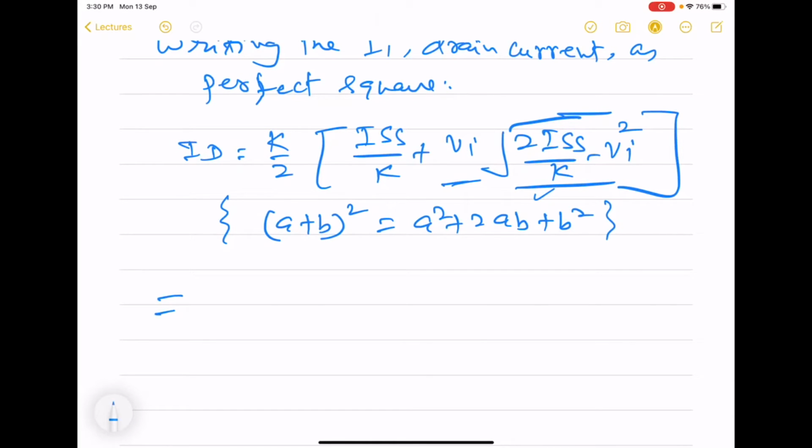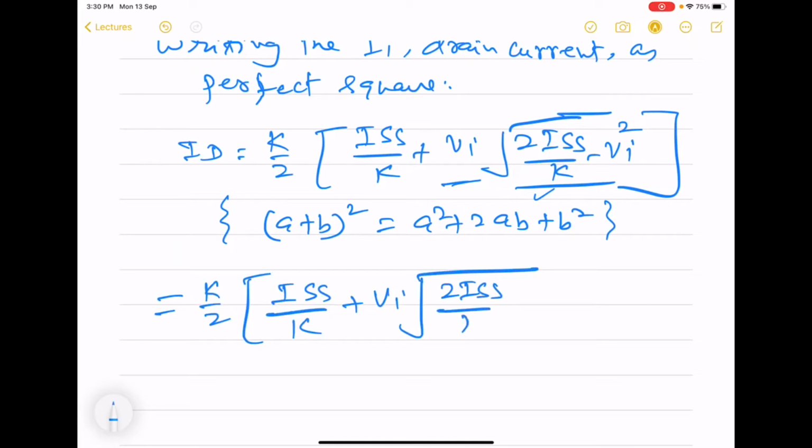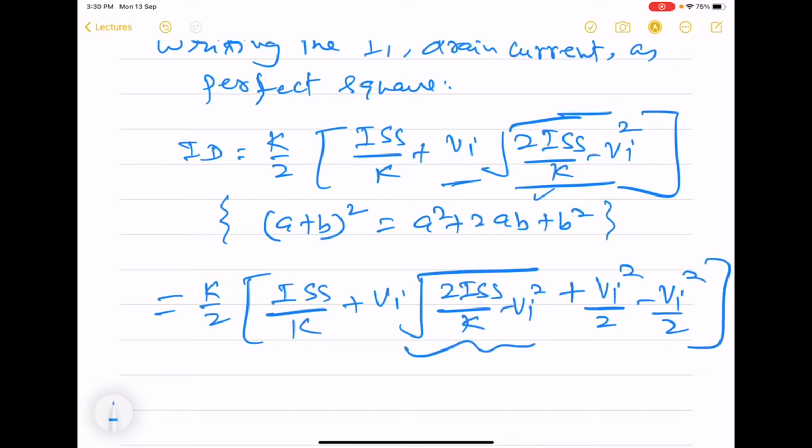So for that, we will add and subtract vi squared by 2, because in this factor we see that vi squared appears.